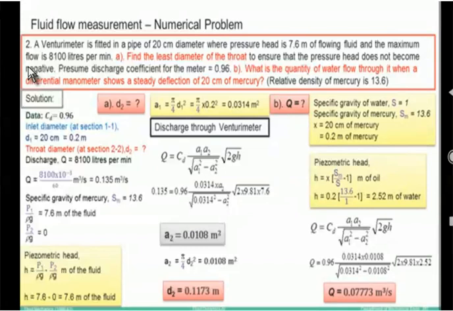P2 by rho g is equal to 0, and P1 by rho g he has given as 7.6 meter of flowing fluid. Okay, so now we have to find out the piezometric head by using another formula, that is P1 by rho g minus P2 by rho g.